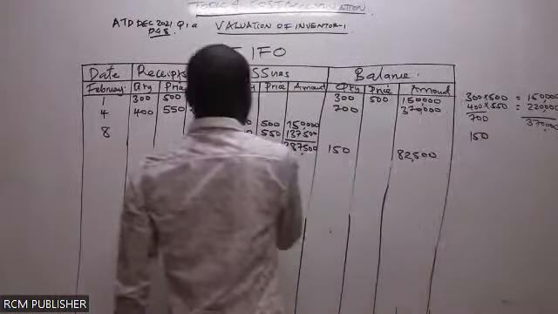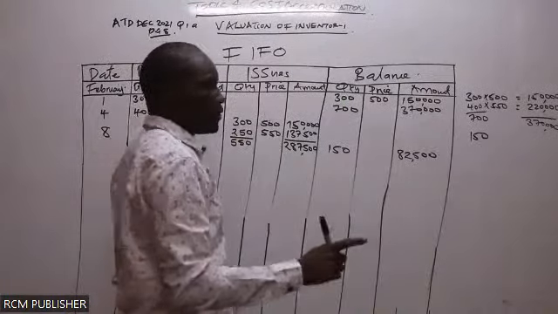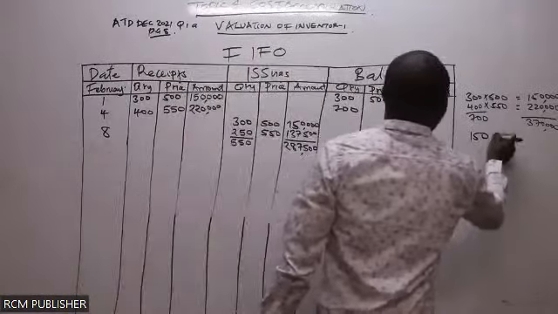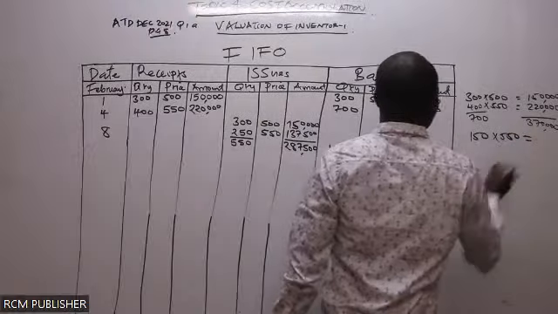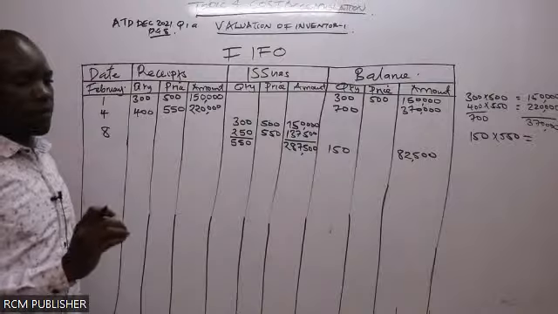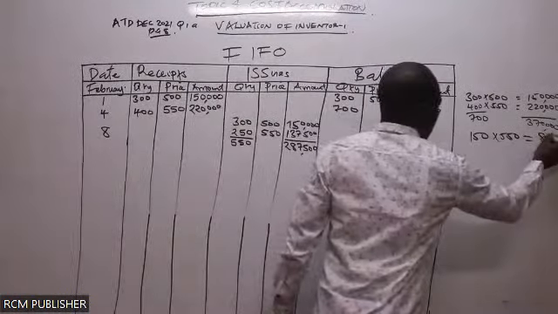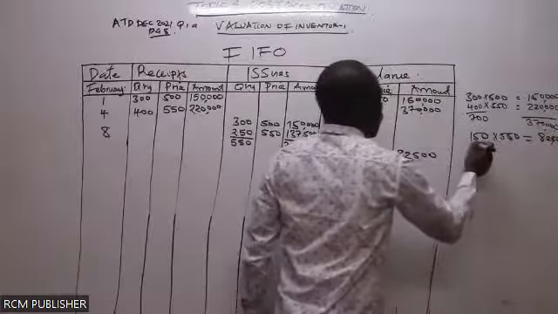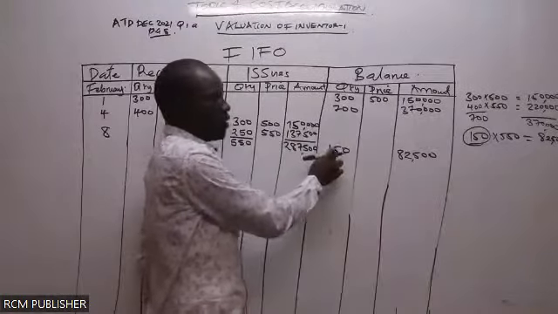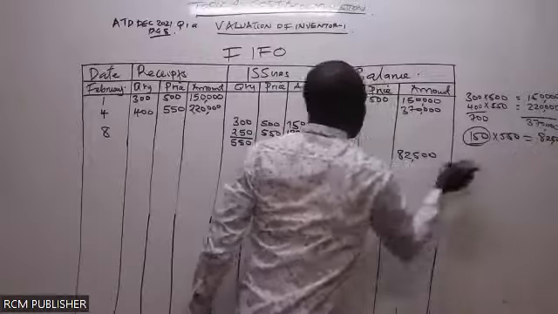Because that is what we are having. We had 400, we've taken 250. The balance is 150. And we multiply by the price that was used to bring them in, 550. Tell me, what are you getting? 150 by 550. What are we getting? 82,500. So the 150, that is units, is what we have here. Then the value 82,500 is what we have here.